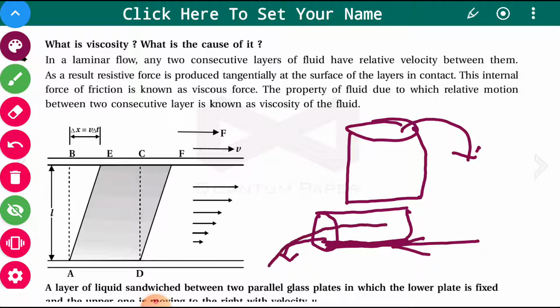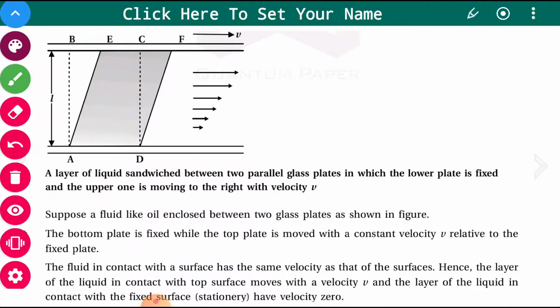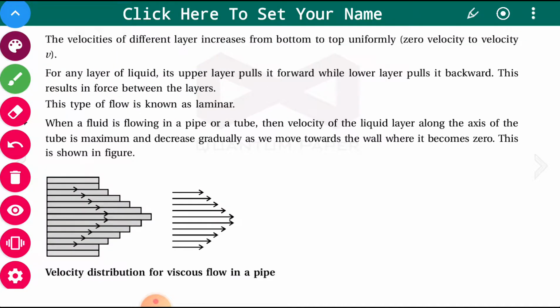The honey is coming out layer by layer. This is a practical experience that you can do at home.